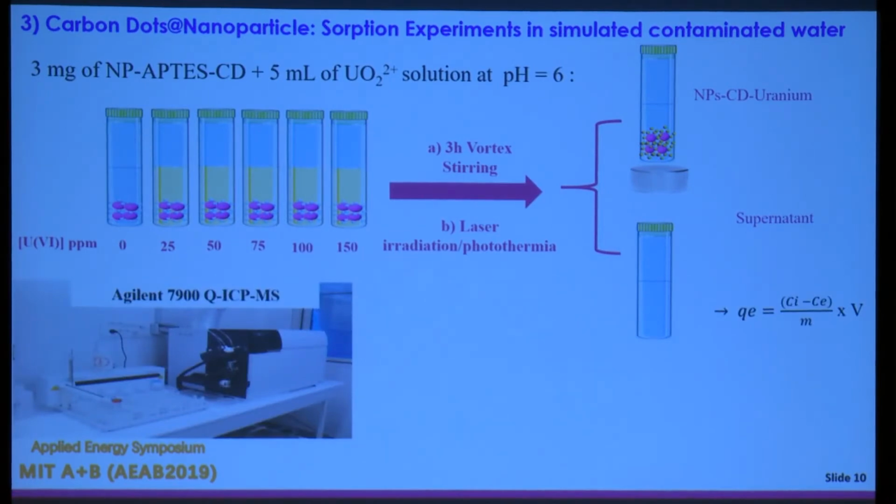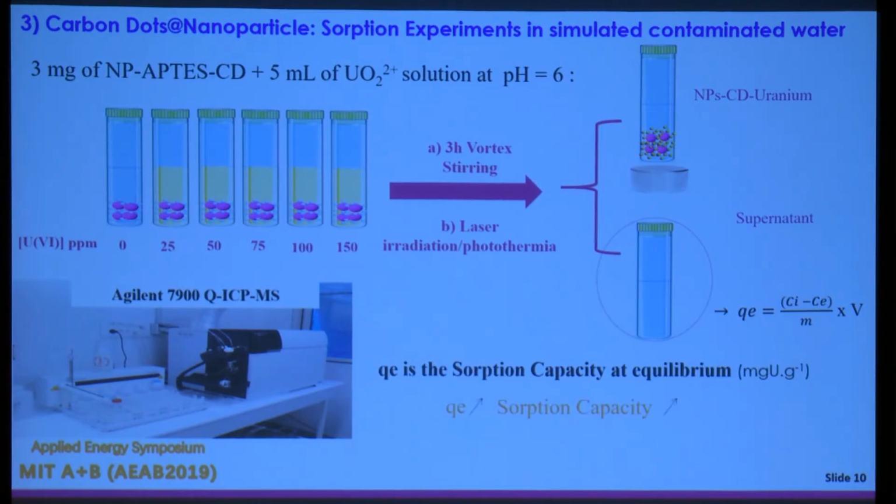We determine the sorption capacity at equilibrium, and we observe that in the presence of carbon dot and also the laser radiation, there is an increase of the sorption capacity.